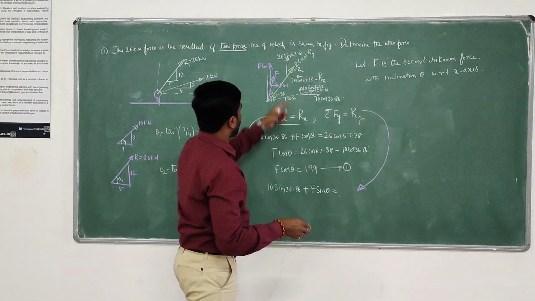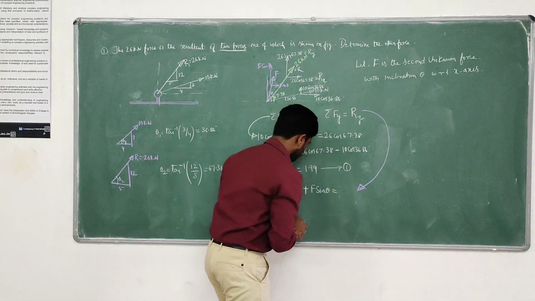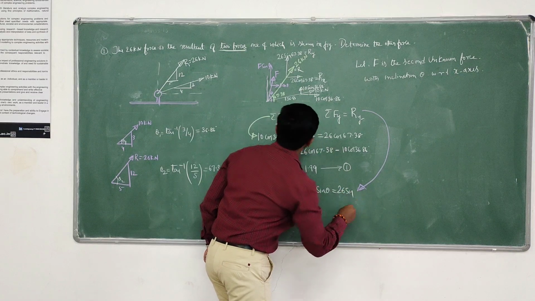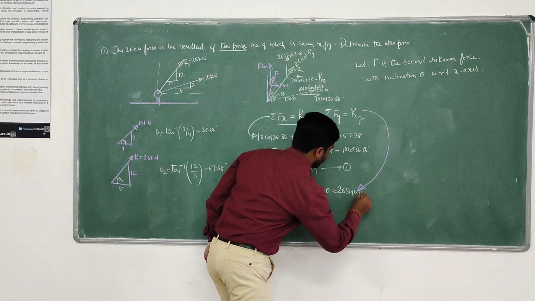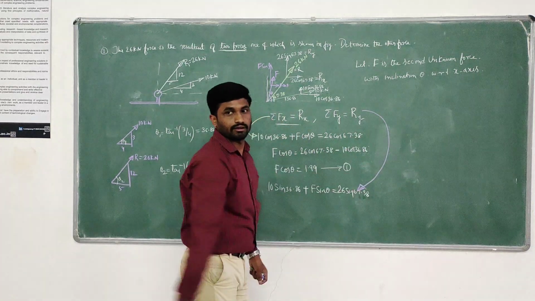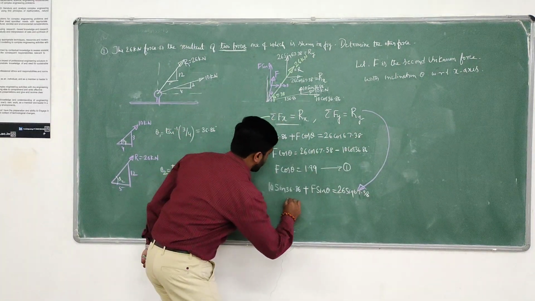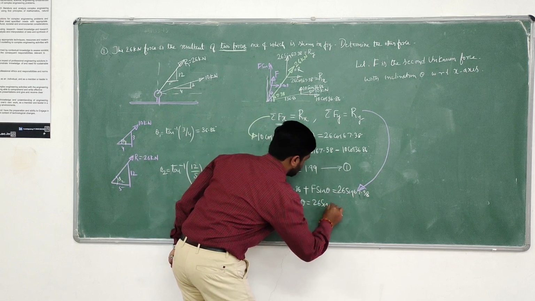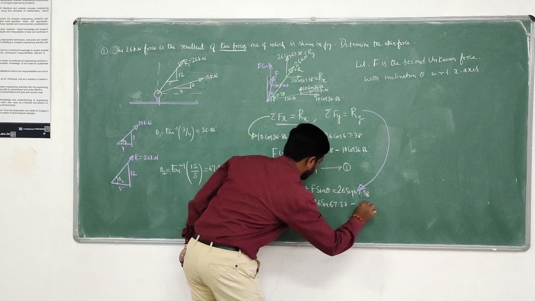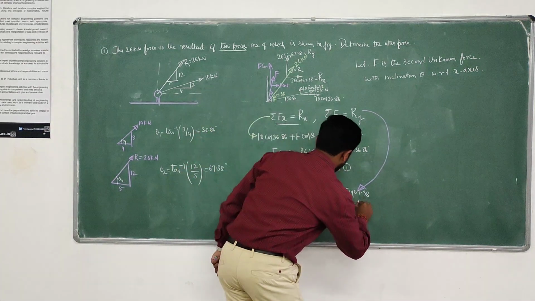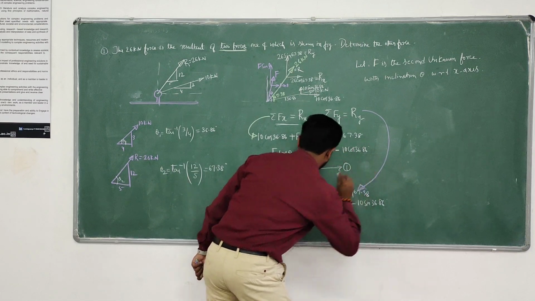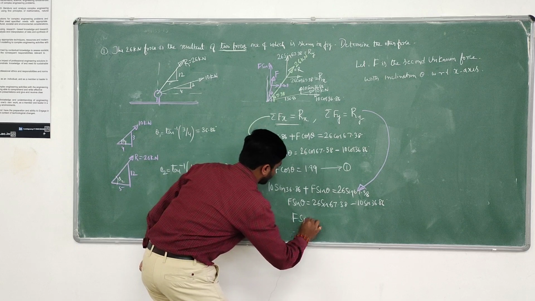What is Ry? Ry is 26 sin 67.38. If you resolve, you are getting F sin theta, which is equal to 26 sin 67.38 minus 10 sin 36.86.